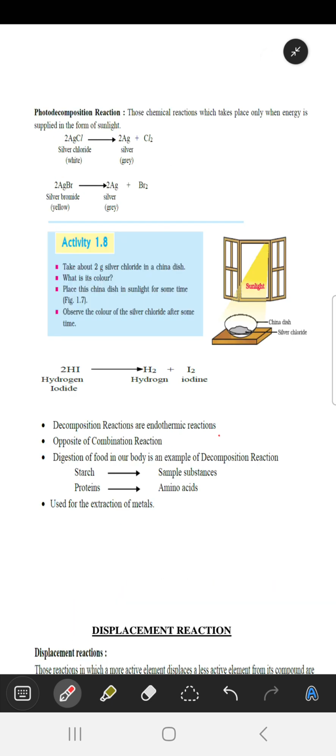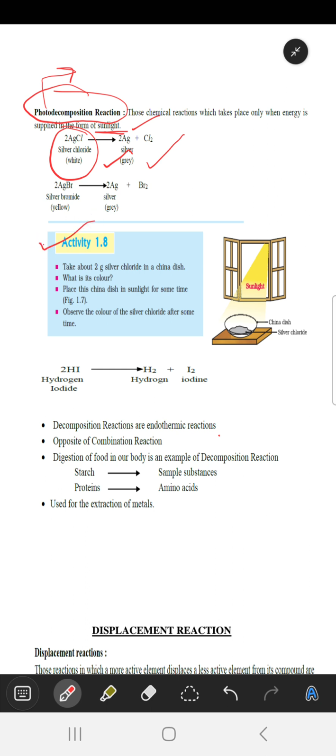The next energy we use for decomposition is sunlight. That decomposition reaction is called a photodecomposition reaction. Photo means light. In this reaction we are using sunlight to decompose one substance into two or more substances. To discuss this, we are taking one activity.